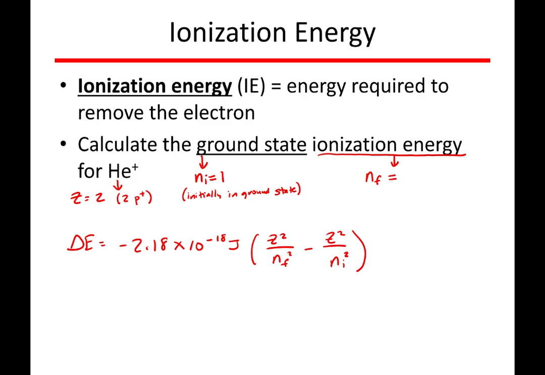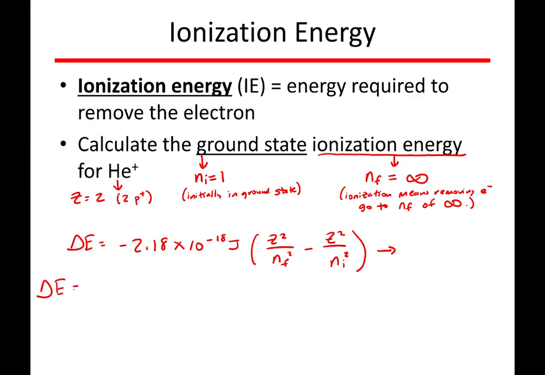Think of the biggest number that you can imagine, and hopefully what you come up with is infinity. That's the largest value of N that can be taken, and when you choose an N final of infinity, you're moving the electron an infinite distance away from the nucleus, which is another way of saying you are removing the electron, or you're doing an ionization. So ionization means that you're removing the electron, and whenever you see ionization, you're going to a final energy state of infinity.